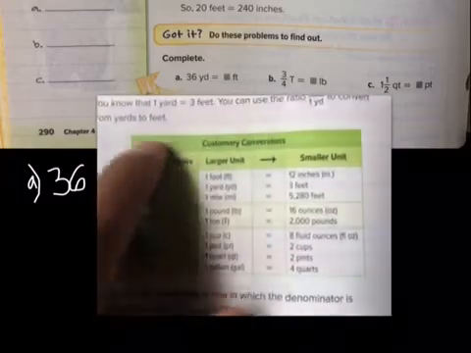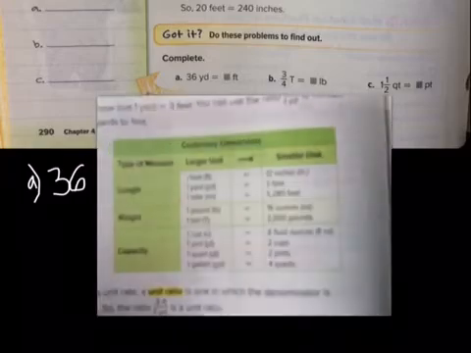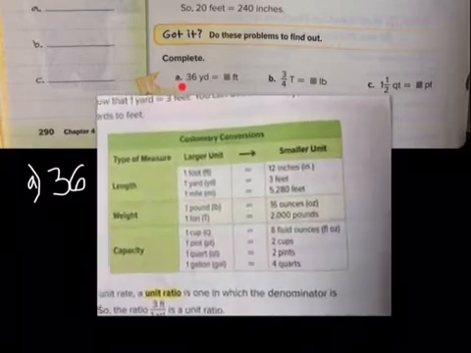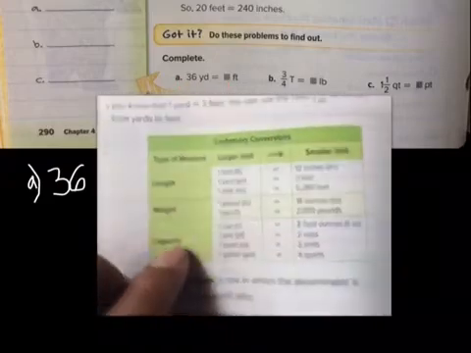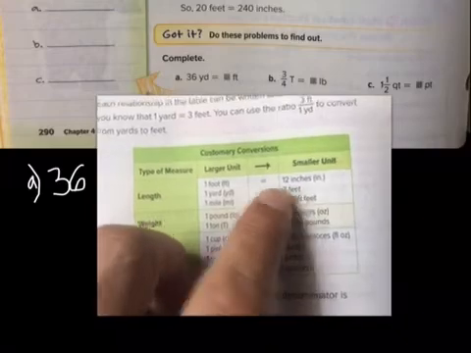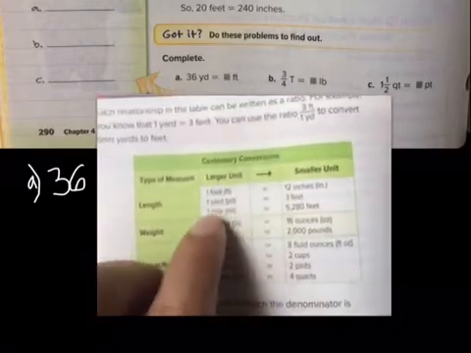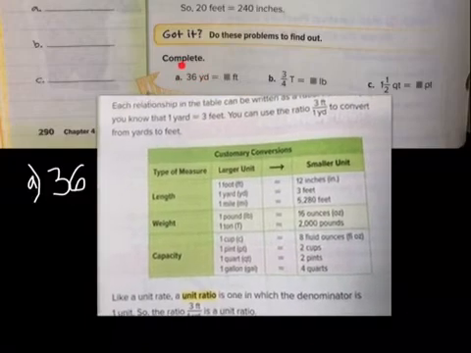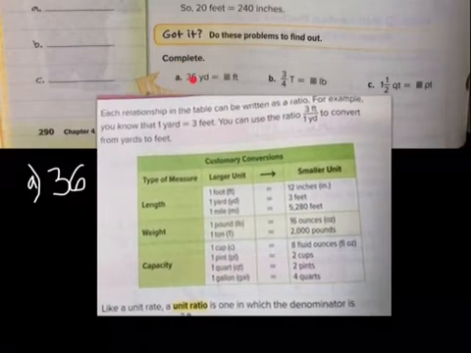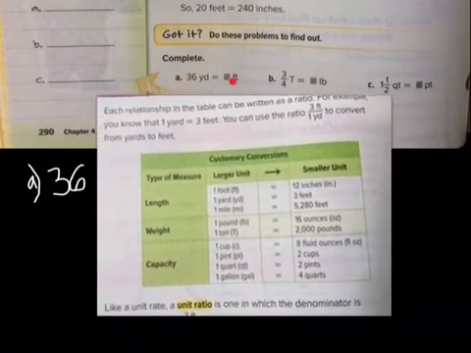So for the first question or example right here at the top, we have yards to feet, and don't forget on our page that every yard has 3 feet. We have 36 yards, and for each one of these there are 3 of these.